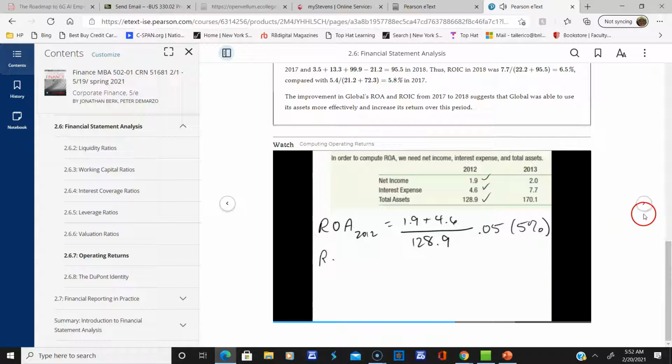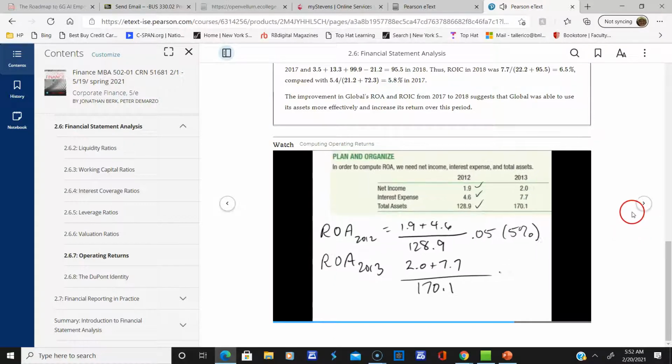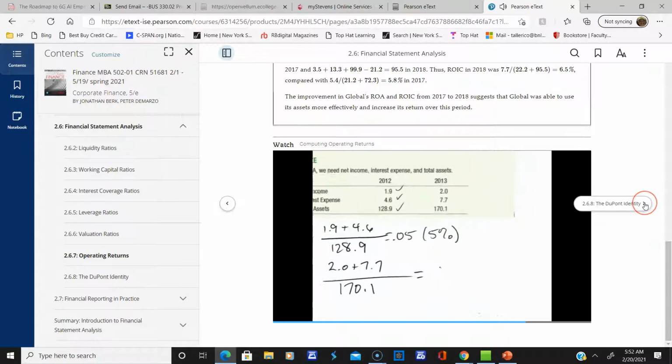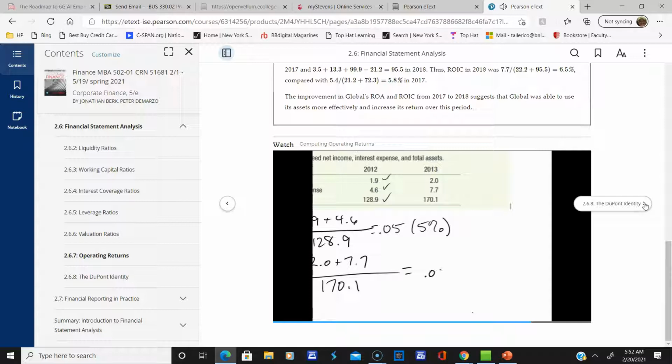If you do the same thing for 2013, we've got net income of 2, interest expense of 7.7, and total assets of 170.1. So you can see they generated a total of 9.7 off of assets of 170.1. And when you calculate that out, you get 5.7%.